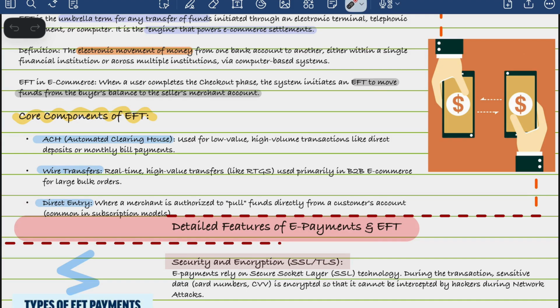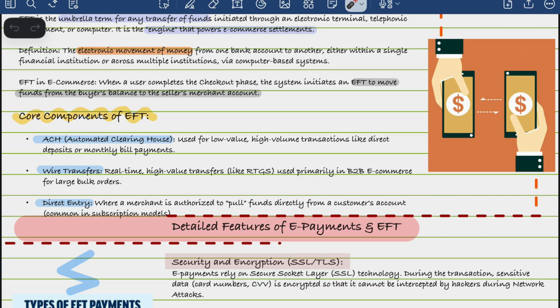Another is direct entry. This is also known as pull authorization. Okay, this is a specific protocol where a customer authorizes a merchant to automatically pull the money straight from their savings account on a fixed schedule. That is, on this particular date the merchant can automatically pull the money, right?